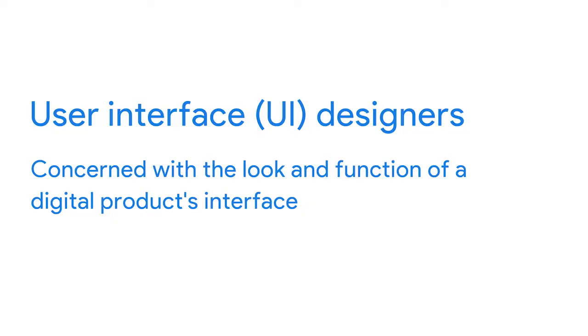They're more concerned with the look and function of a digital product's interface and less focused on wireframing or information architecture. Some companies don't differentiate between UI and UX designers, so feel free to check out job postings for UI designers, read the job description carefully, and decide if you'd be a good fit for the role.